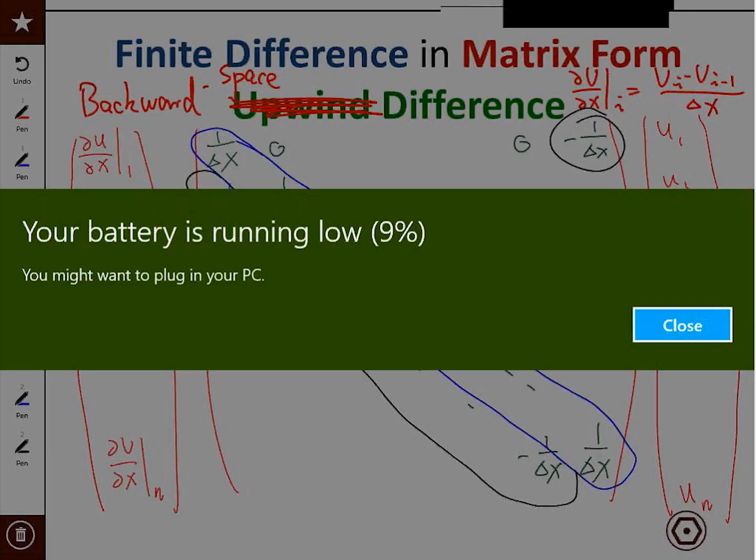So let's look at the diagonal, the blue one. Can somebody tell me, is there an easy way to construct the blue matrix? It's the identity matrix times 1 over delta x, right? That one is actually super easy.